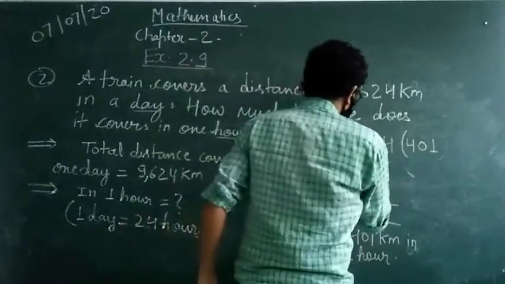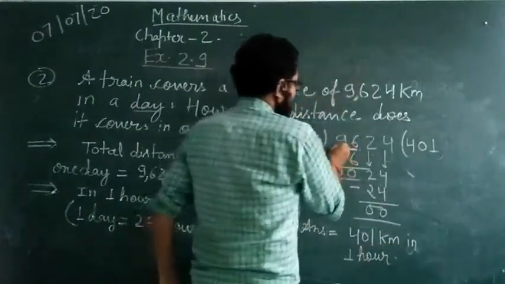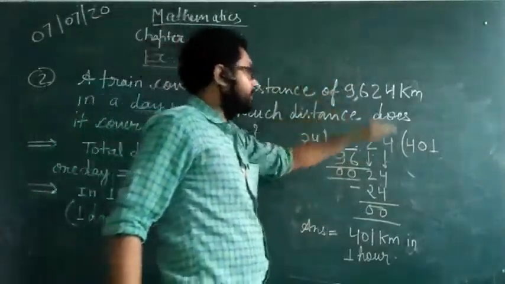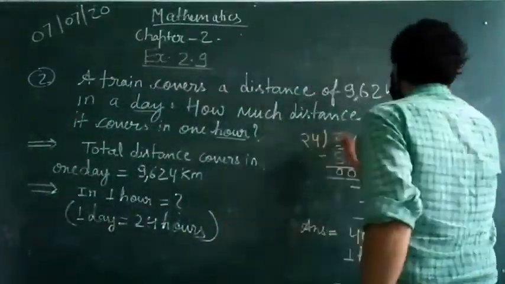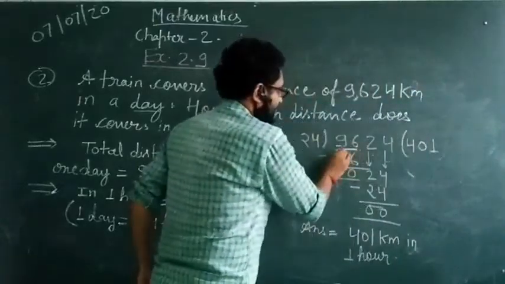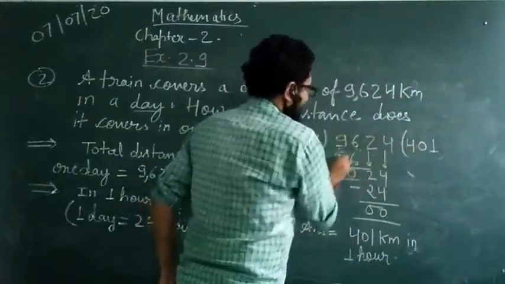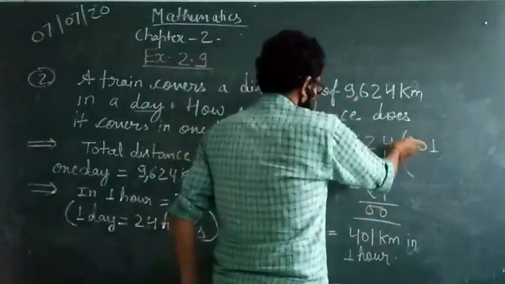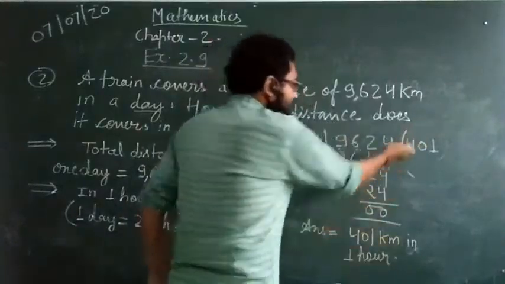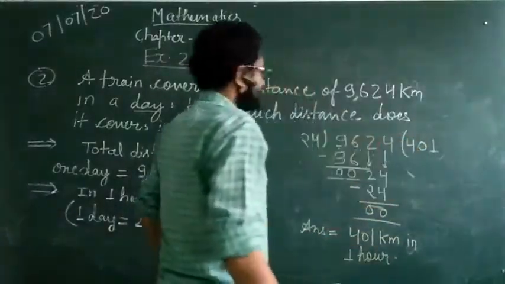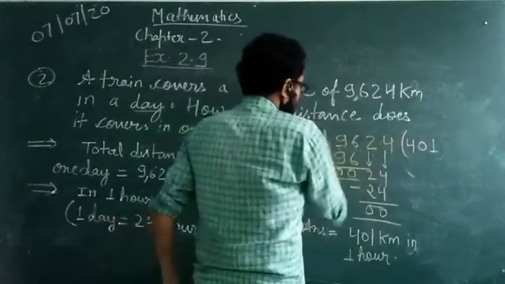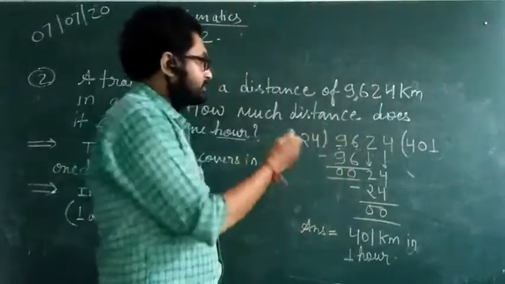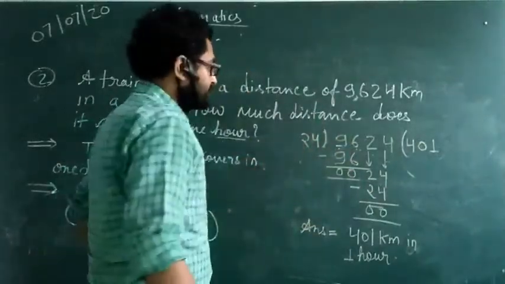We take both digits, and it becomes 96. 96 is greater than 24. Now we read the table of 24: 24 times 4 is exactly 96. We can't take more than 4 times or less than 4 times, because when 4 times gives 96, the value equal to the dividend, it satisfies the division process.